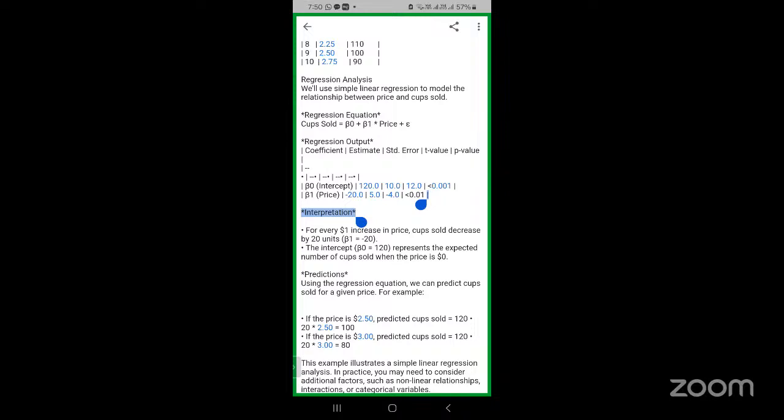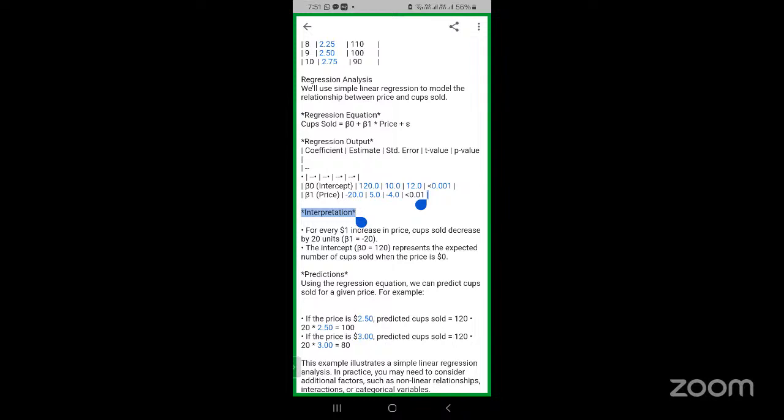Here the result shows that for every $1 increase in price, cups sold decrease by 20 units. Therefore, your slope is minus 20.